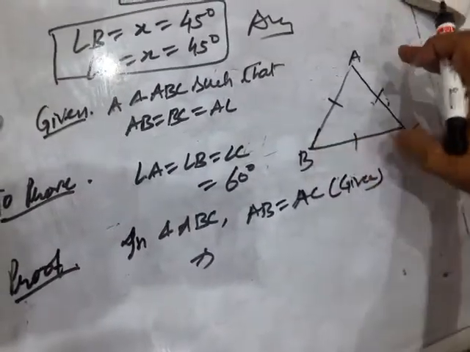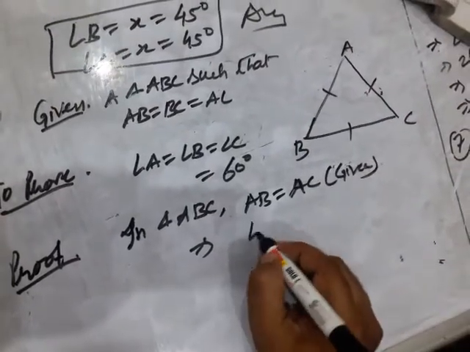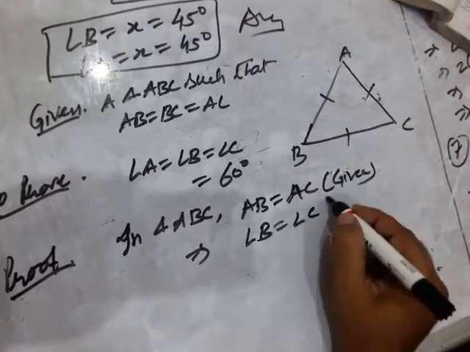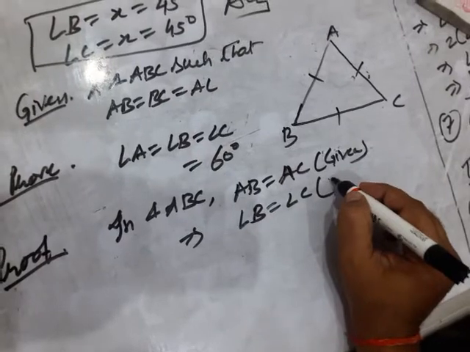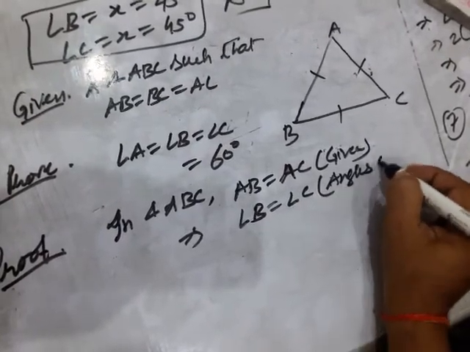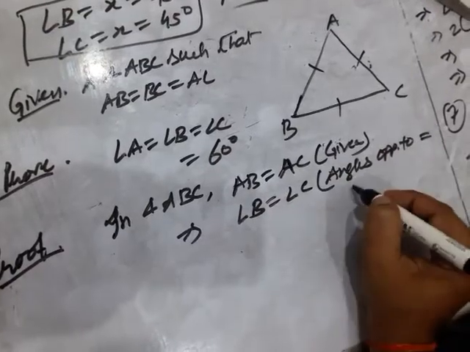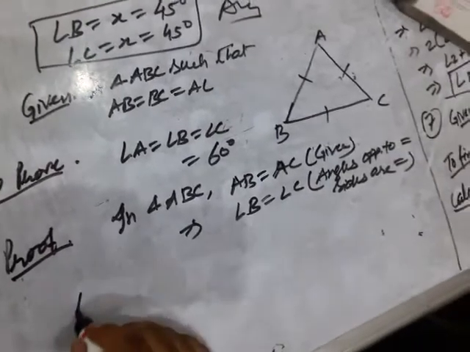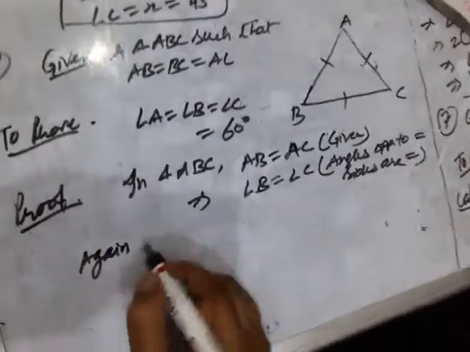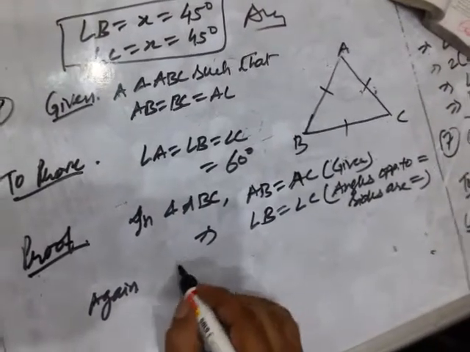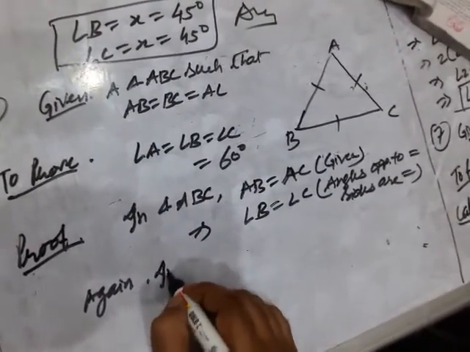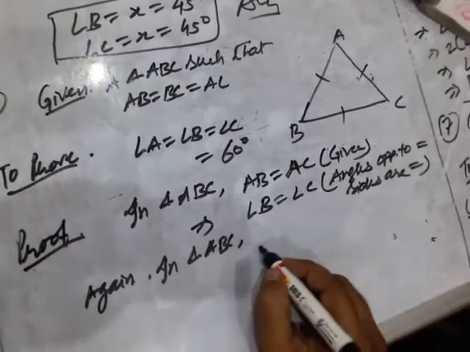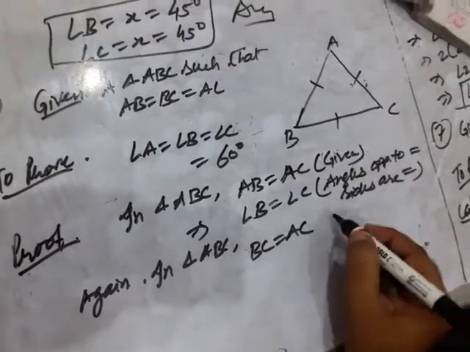AB equal to AC means that angle B equal to angle C. Here we can write: angles opposite to equal sides are equal. Okay children, again in the same triangle ABC, BC equal to AC, that is given.